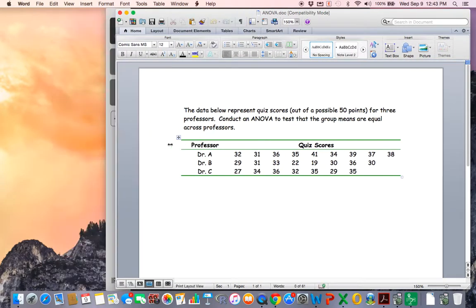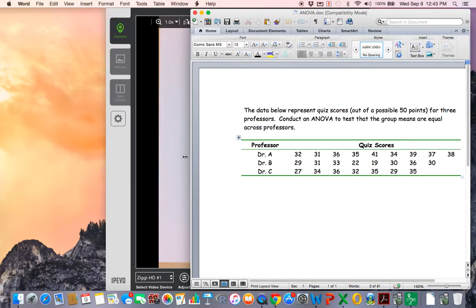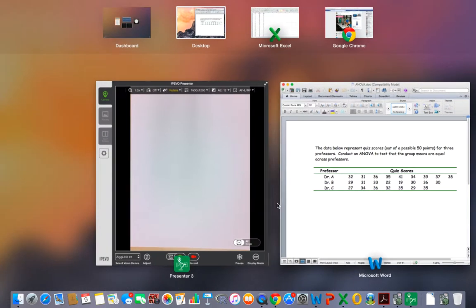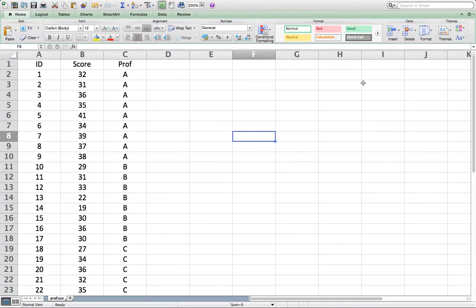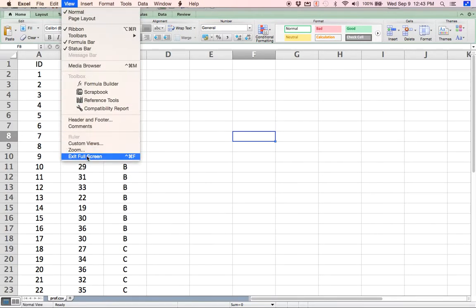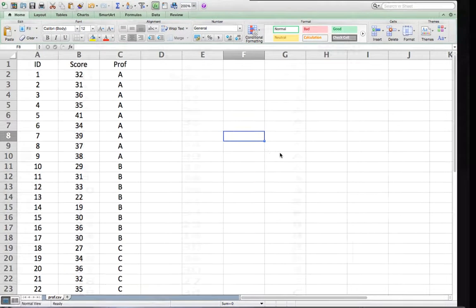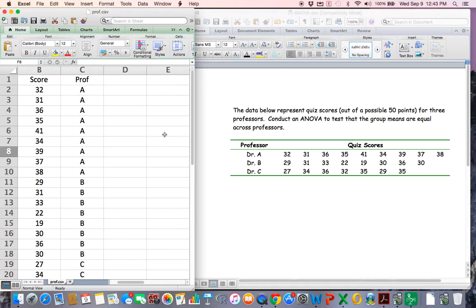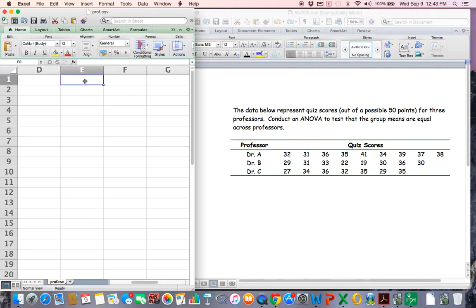All right, gang, first thing you'd want to do here is get this data into R. And I've already done that, so let me show you what I've already done. I've set up the data set as it should be set up. It's going to be very tempting for some students to put these things in column form, because that's kind of the way we work on the graphing calculator.